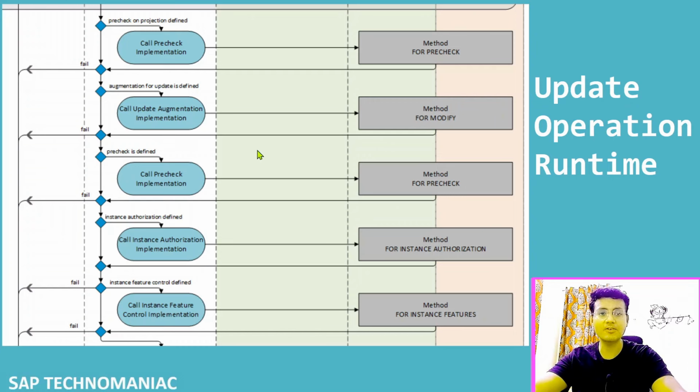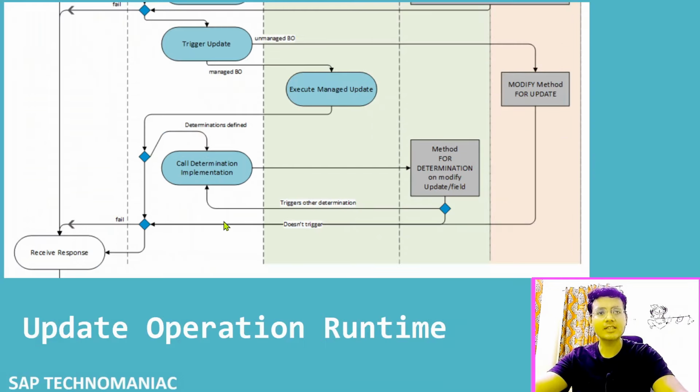For each of these we have methods, and these methods will be called one by one in this same sequence. If everything passes through all the methods and nothing fails, then it will trigger the update. Finally, if you have the unmanaged scenario, it will trigger the modify method. If you have the managed scenario, it will trigger the managed update.